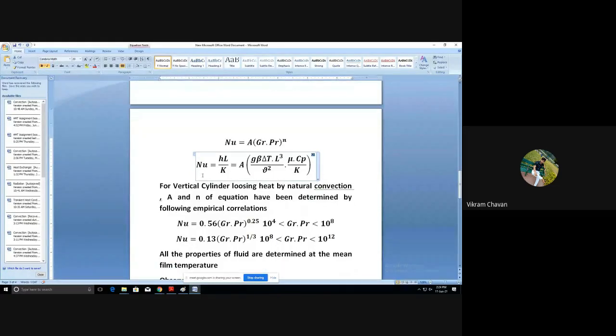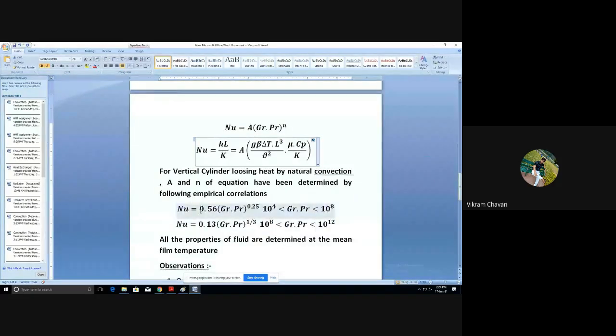Okay, so for a vertical cylinder losing heat by natural convection, A and n of the equation have been determined by the following empirical correlations. Nu is equal to 0.56 multiplied by (Grashof number multiplied by Prandtl number) raised to 0.5.